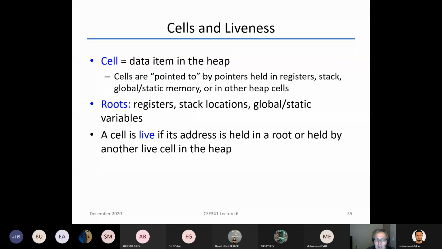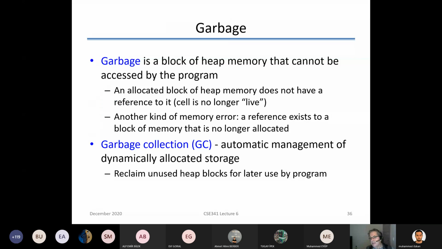So very simple. In that case, garbage, meaning an unnecessary, unusable heap cell, is a block of heap memory that cannot be accessed by the program. This is what the definition of garbage is. So an allocated block of heap memory does not have a reference to it, meaning the cell is no longer live. And another kind of memory error is when a reference exists to a block of memory that is no longer allocated, or maybe used for somebody else.